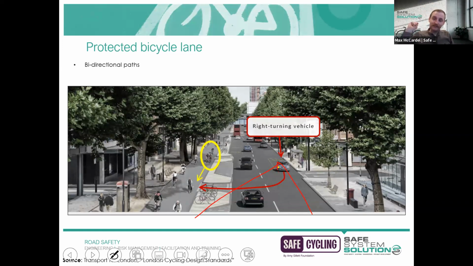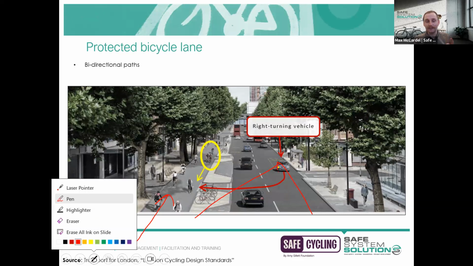To some extent, you would think that they would be able to sight cycling traffic that's oncoming, but cyclists that are traveling in the same direction, which is the cyclists in that yellow circle, are practically hidden and incredibly difficult for right-turning motorists to be able to see. Now, that is one of the disadvantages with your bidirectional facilities.